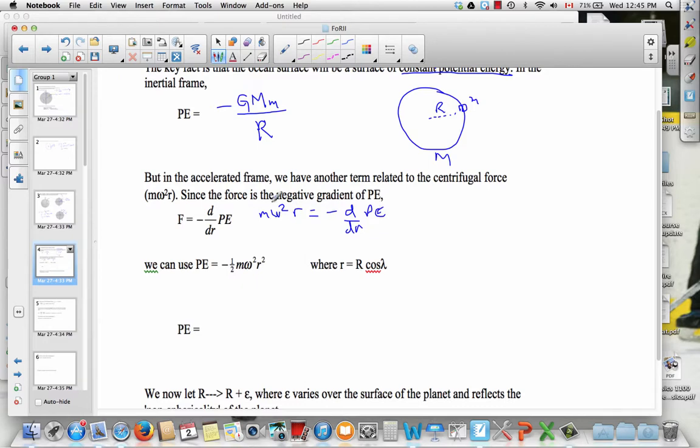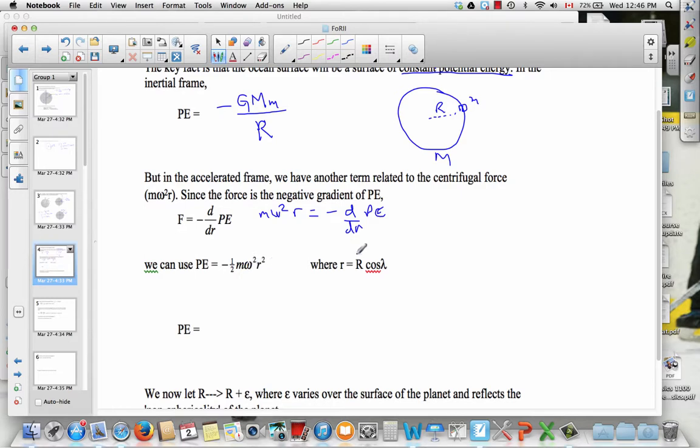So we can just do the antiderivative of this, and the antiderivative of r is r squared over 2. So that suggests that we could use this potential energy as the one being related to the centrifugal force in the accelerated reference frame.